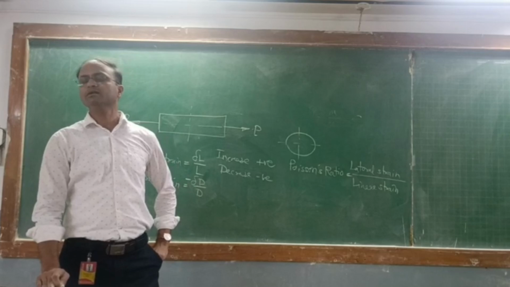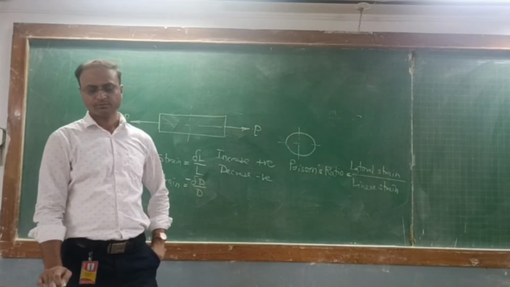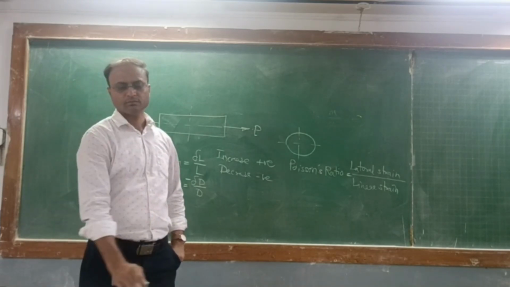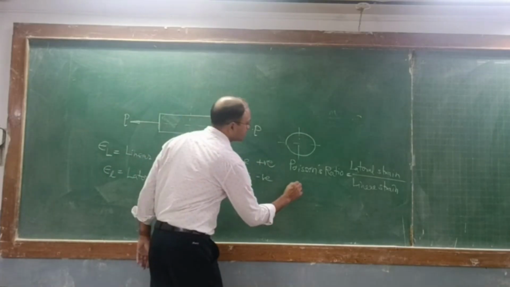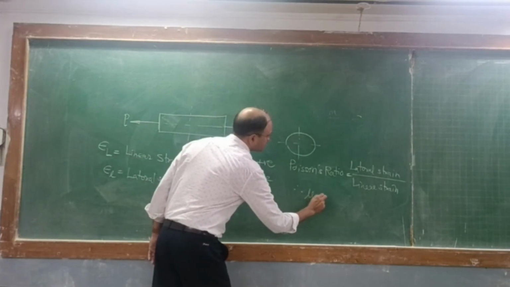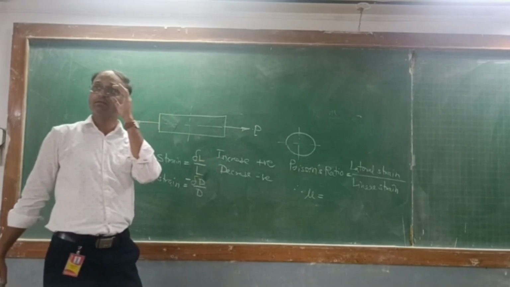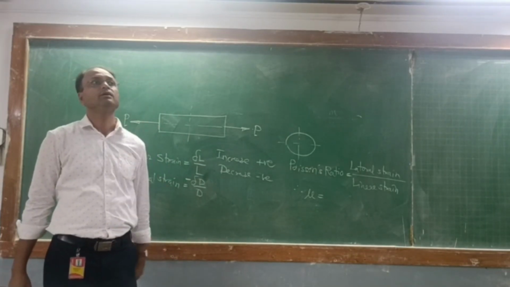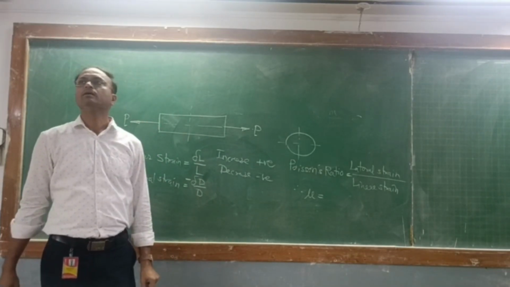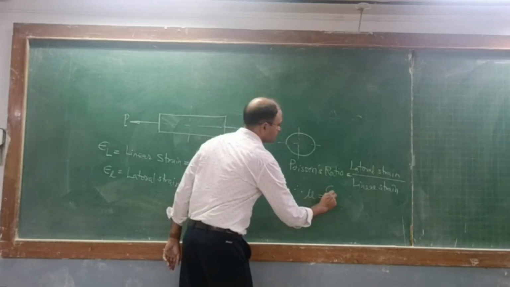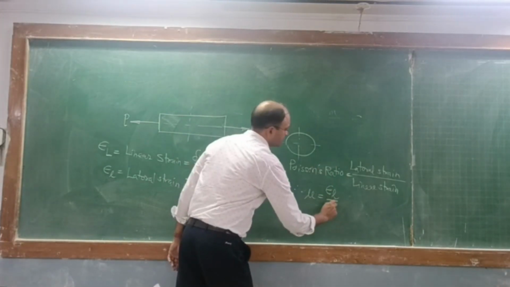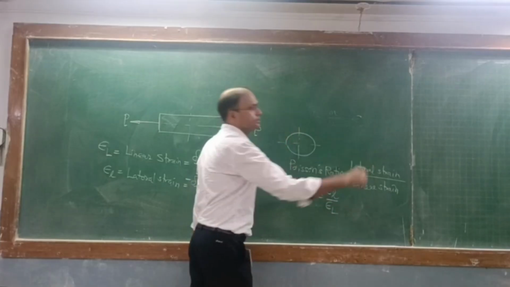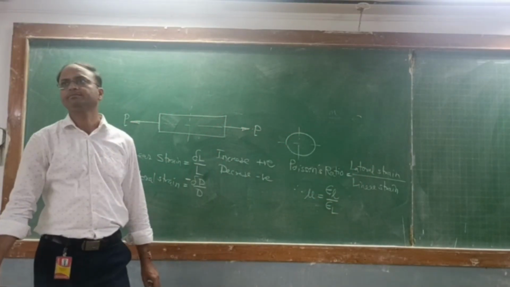Lateral strain to the linear strain. Therefore, now it is denoted by mu. Notation is mu is equal to lateral strain epsilon small l divided by epsilon capital L.